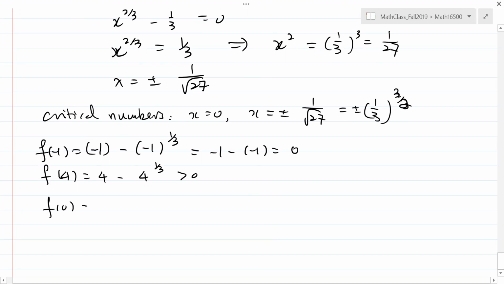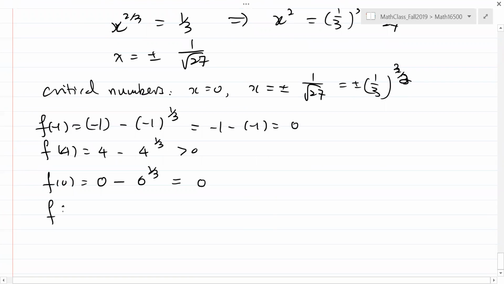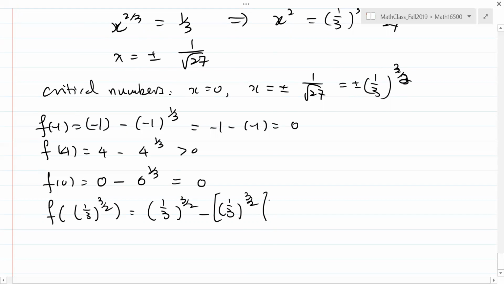Then you look at the value 0 minus 0 to the 1/3. It's going to be 0 again. How about the other critical numbers? It's going to be 1/3 to the 3/2 minus 1/3 to the 1/2.